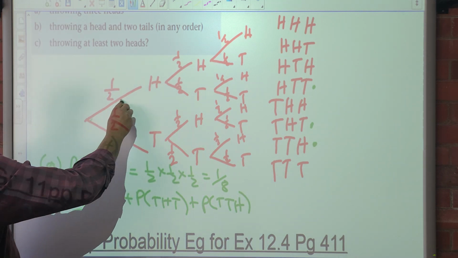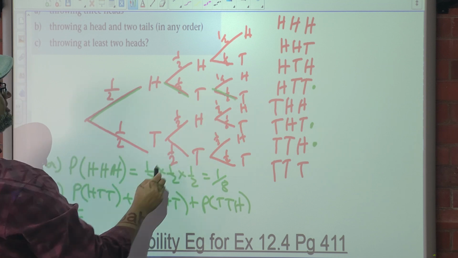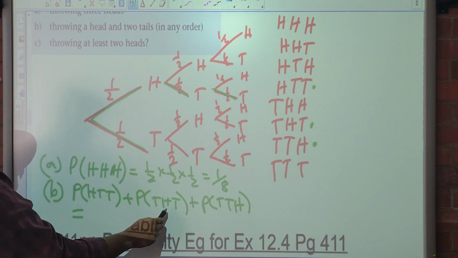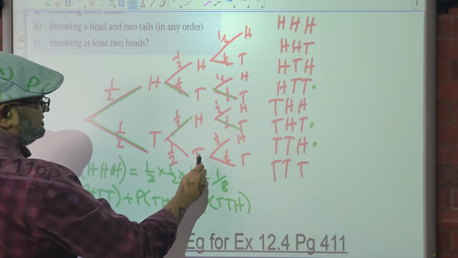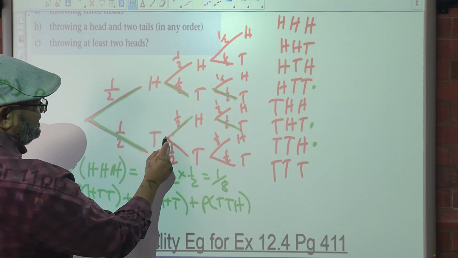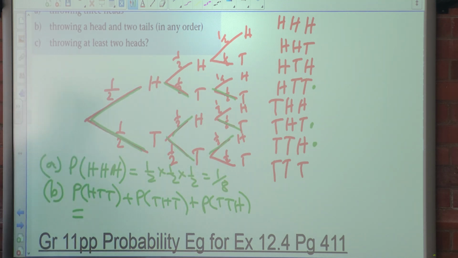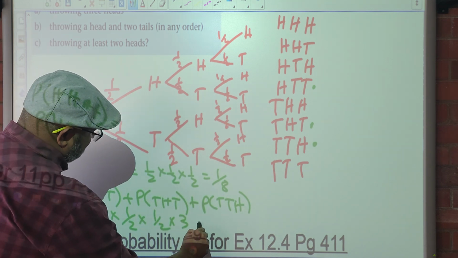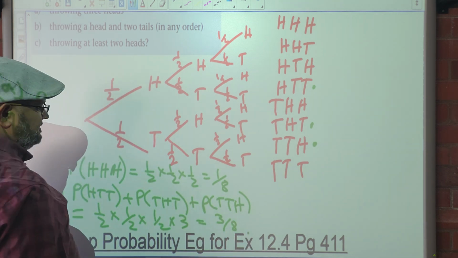So it's 1 over 2 times 1 over 2 times 1 over 2 plus 1 over 2 times 1 over 2 times 1 over 2 plus 1 over 2 times 1 over 2 times 1 over 2. So how many 1 over 2 times 1 over 2 times 1 over 2s are there? 3. There are 3. So it's 1 over 2 times 1 over 2 times 1 over 2 times 3, which is 3 out of 8.